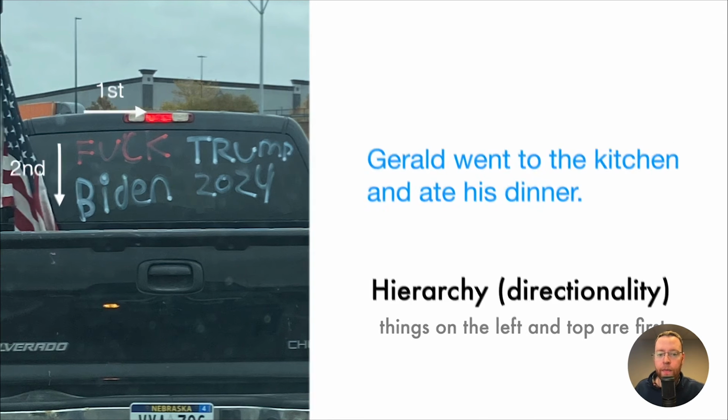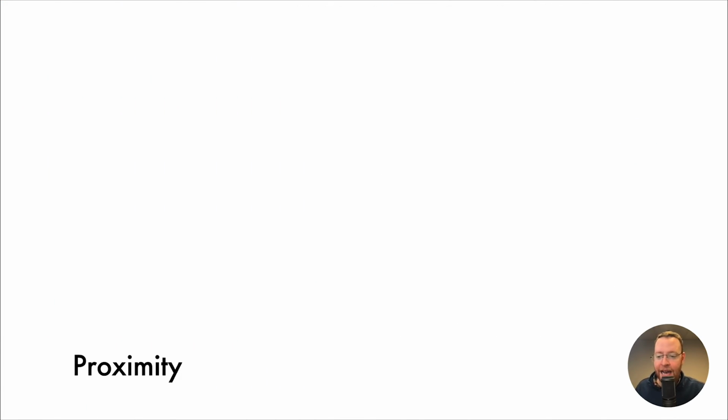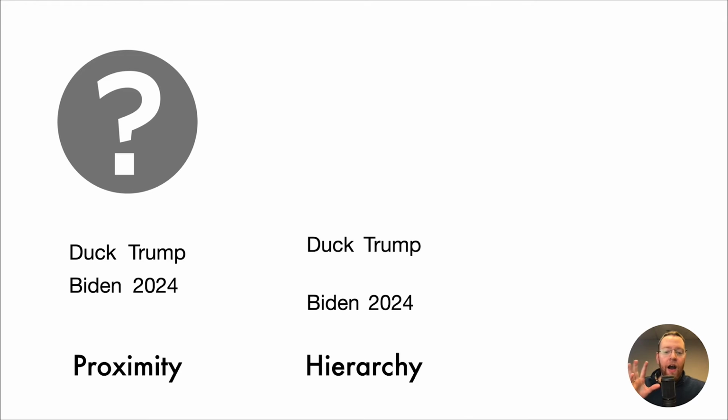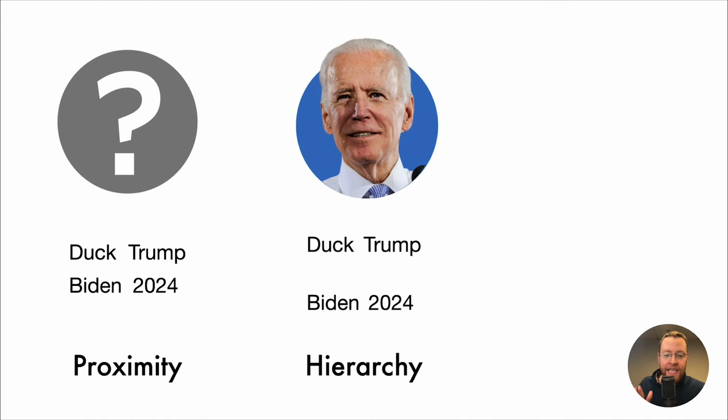Okay, but we got one more thing. We've got the cultural aspect that we'll look at at the end of our review here. So with proximity, right, we are told nothing. It's neutral. That's what it's visually communicating. With the hierarchy, how the hierarchy with its directionality is saying that, oh, this person likes Biden because they're saying F Trump Biden 2024.